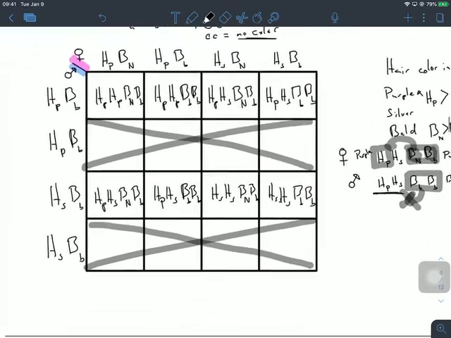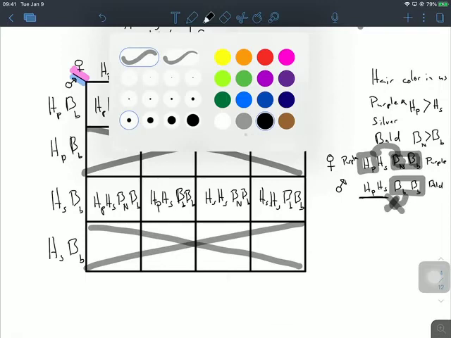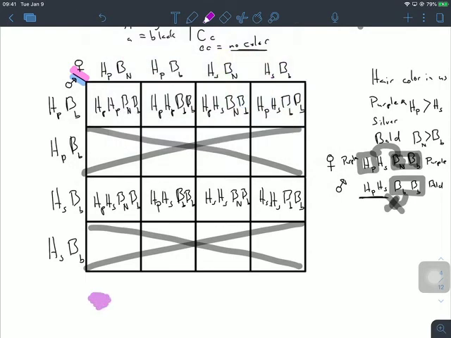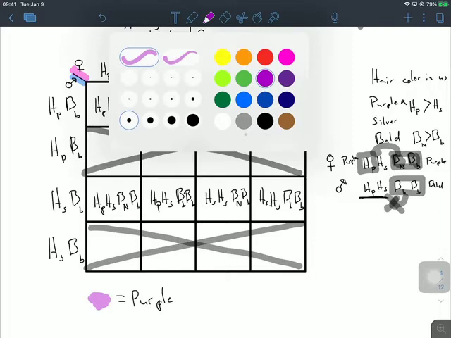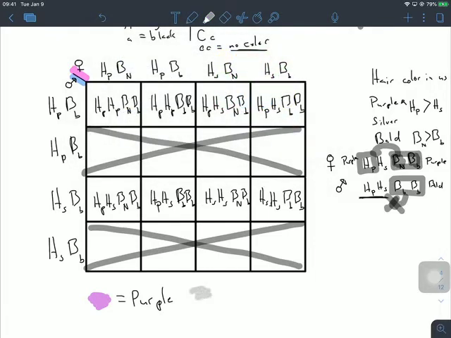So now let's go ahead and color these in. This will indicate that the individual is purple-haired. This will indicate that the individual has silver hair.